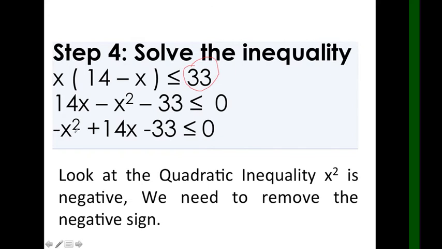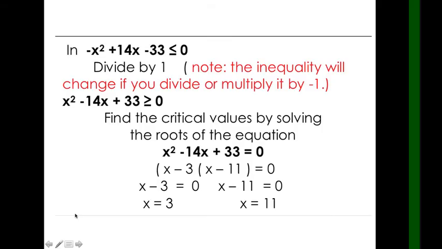So we have negative x squared plus 14x minus 33 less than or equal to 0. So look at the quadratic inequality, x squared is negative. So we need to remove the negative sign by multiplying by negative 1. So it becomes x squared minus 14x plus 33.